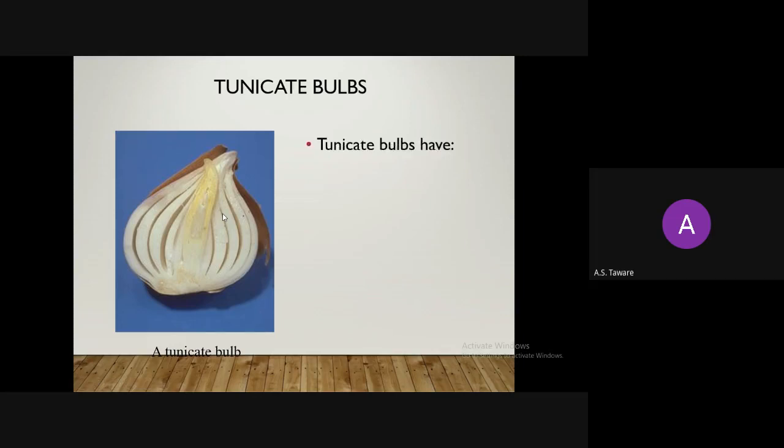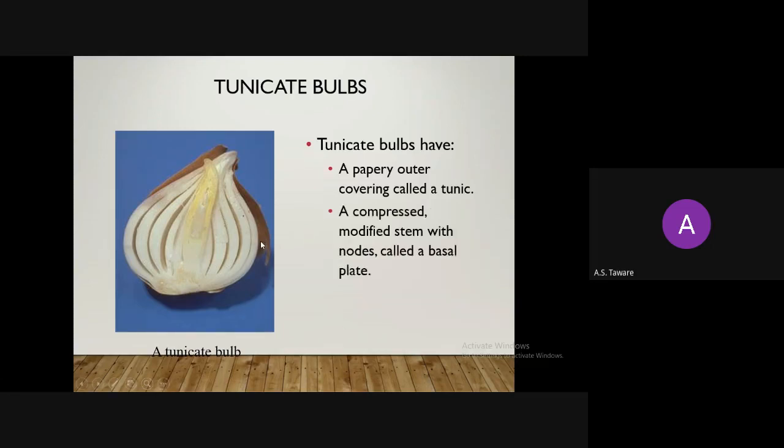Tunicated bulbs have a papery covering called a tunic, and you can see many concentric rings. And what exactly is modified here? Stem. And where is the stem?